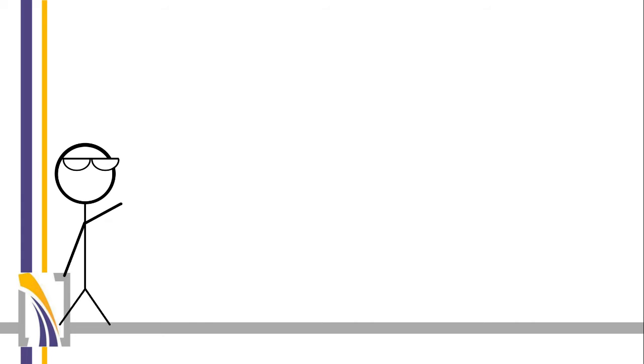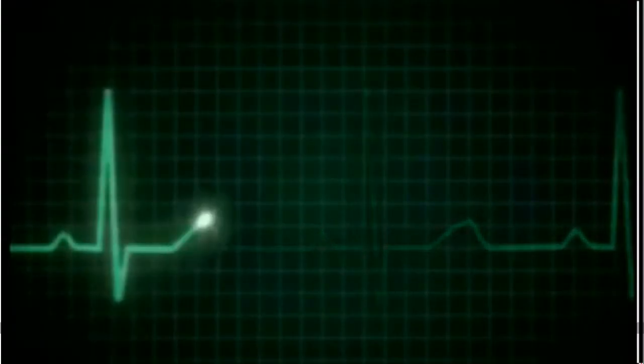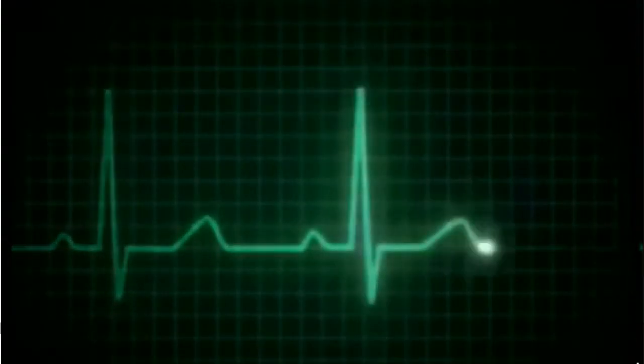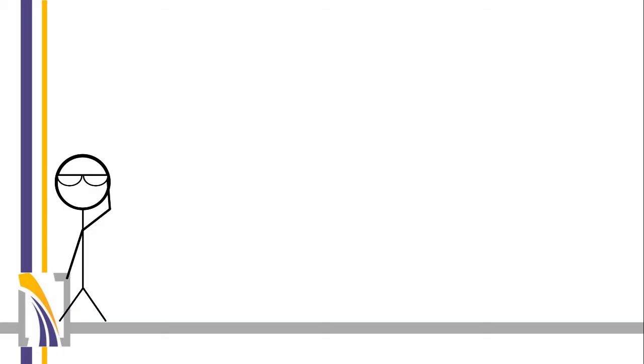Now, before we talk about the heartbeat, when the heart is beating, the blood follows the flow of the heartbeat. So that means, from our perspective, the blood is kind of like a wave inside our body.